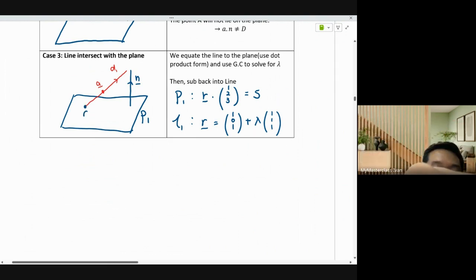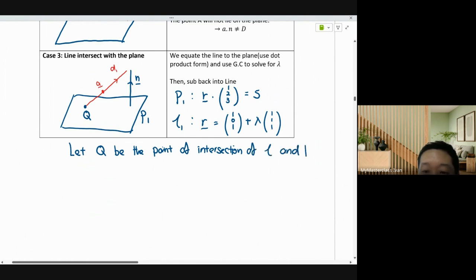Label this as Q, big Q. Let Q be the point of intersection of L1 and P1.